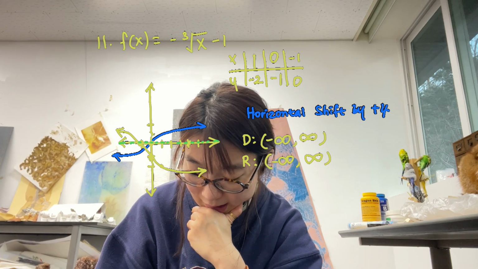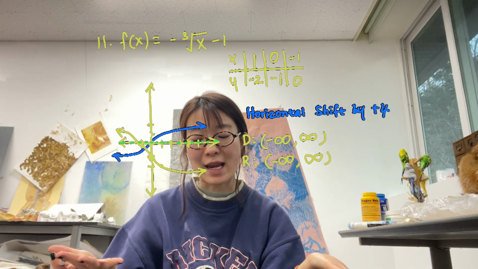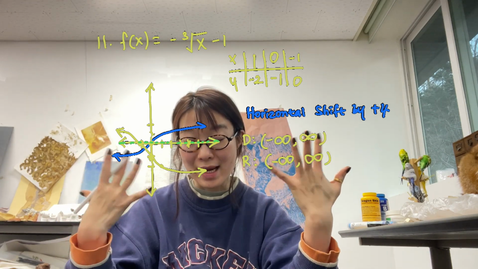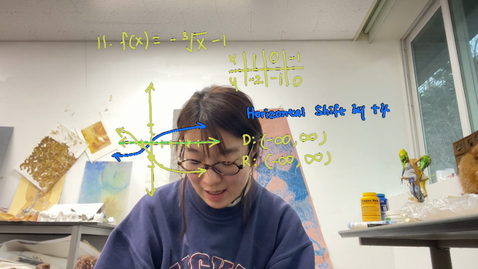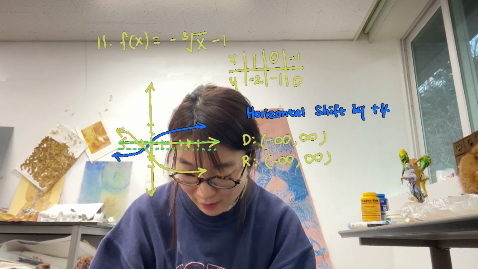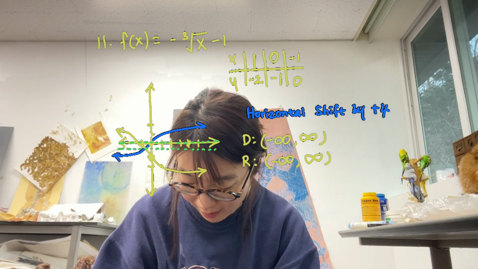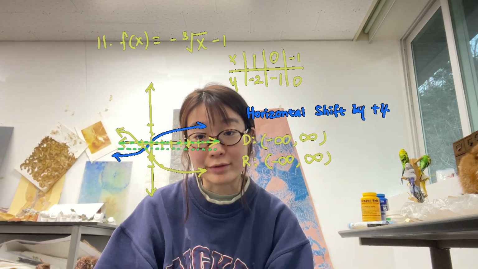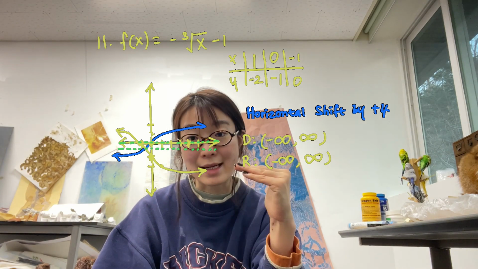This is the graph that I end up getting, and as you can see, compared to the parent function, which is in blue, there is a clear line of reflection, but not at the x-axis.